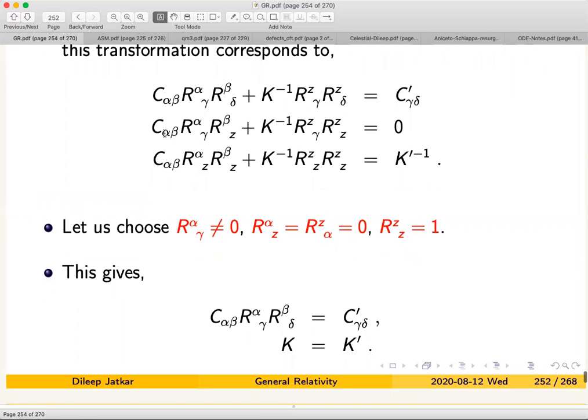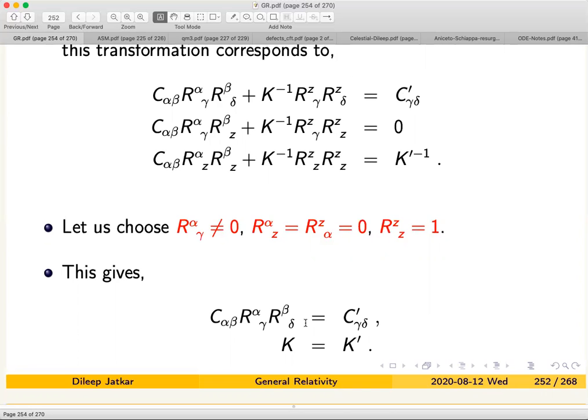So this is trivially satisfied. Okay, here r alpha z and beta z terms would vanish. Okay, and this quantity just tells you that k inverse is equal to k prime inverse, which means k is equal to k prime. Okay, in this case r z gamma would be 0, so therefore it just tells you that c alpha beta is related to c prime by just a rotation.